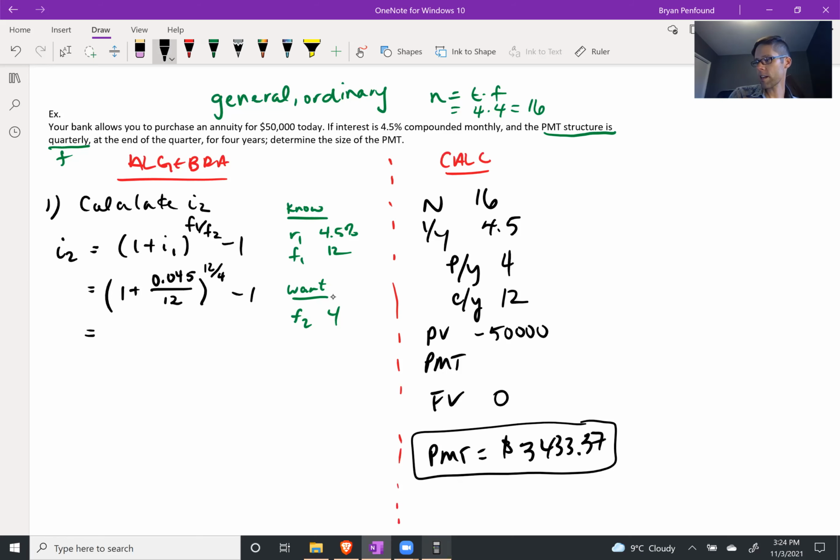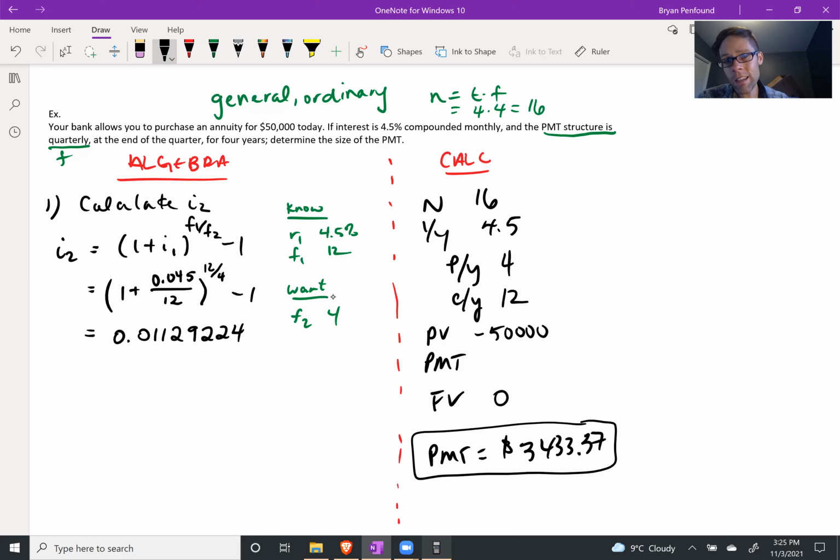So let's go ahead and calculate this one. And so I get a periodic rate that is about 0.01129, pretty close to that number.